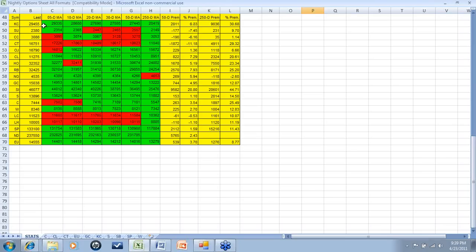So 294.55 over 274.45 is a 20-cent premium, or a 6.83% premium. And we do that for all the commodities, based on the 30, the 50, and the 250-day moving average. It gives you an idea of just how the current market is trading compared to longer-term moving averages.